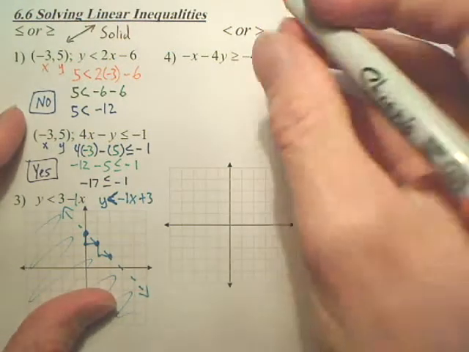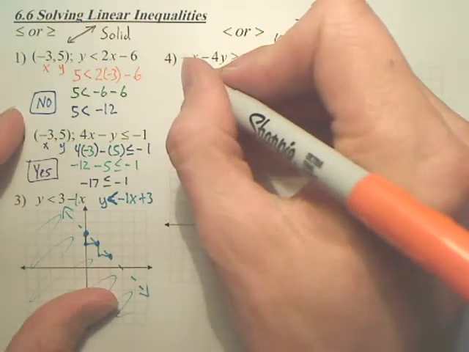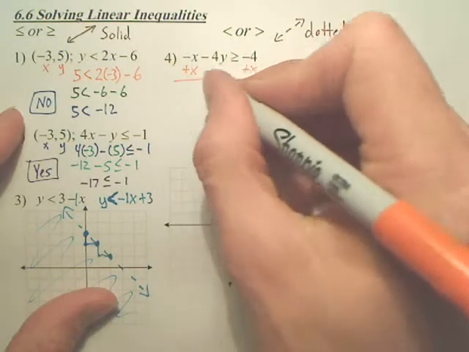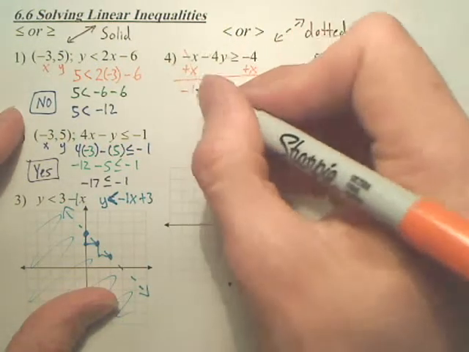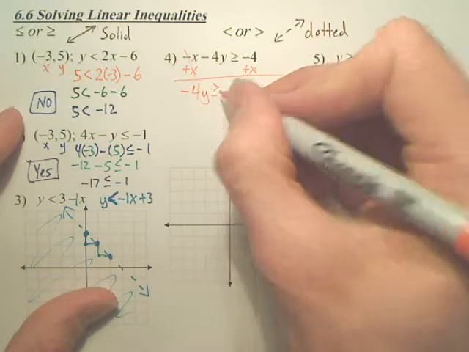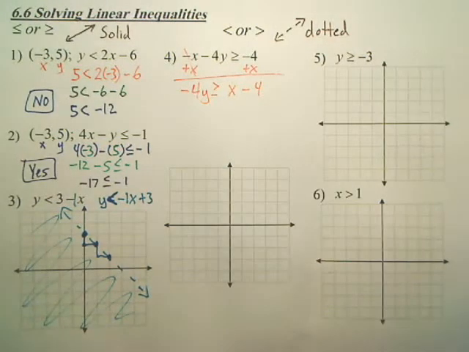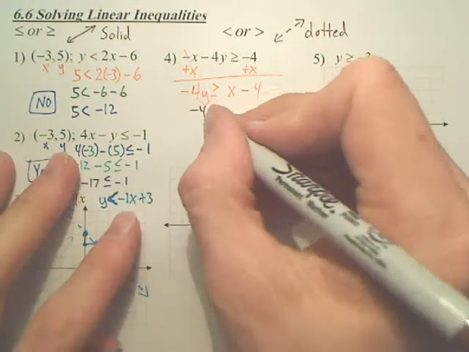For this one we have to change the form, so I'm going to add the x over. That cancels, and then I have x minus 4. Then divide by what? Divide by -4.